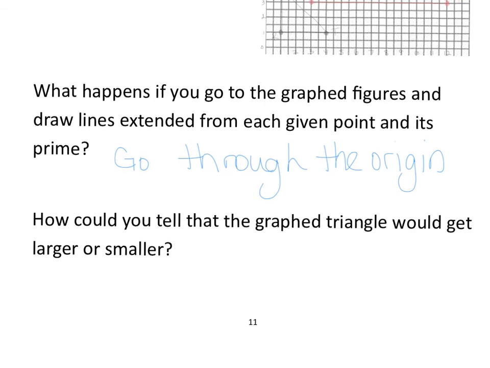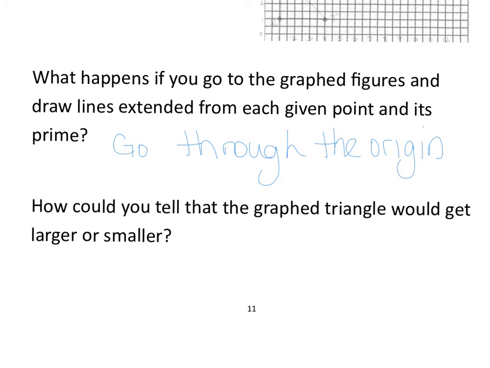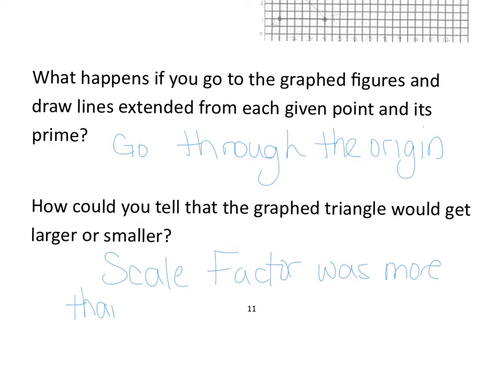And then, how could you tell if the graph triangle would get larger or smaller? We know it by the scale factor. The fact that it was more than 1 means it's going to be larger.